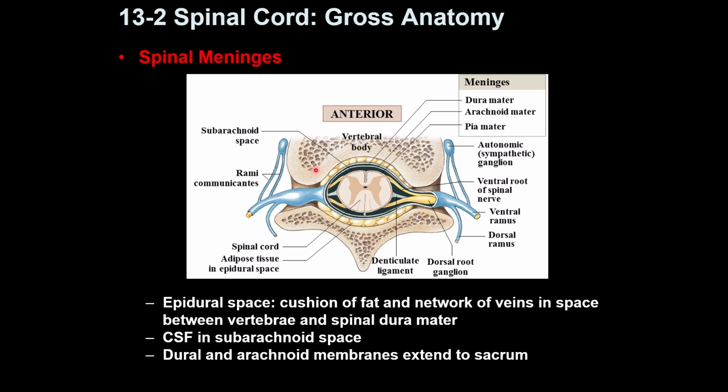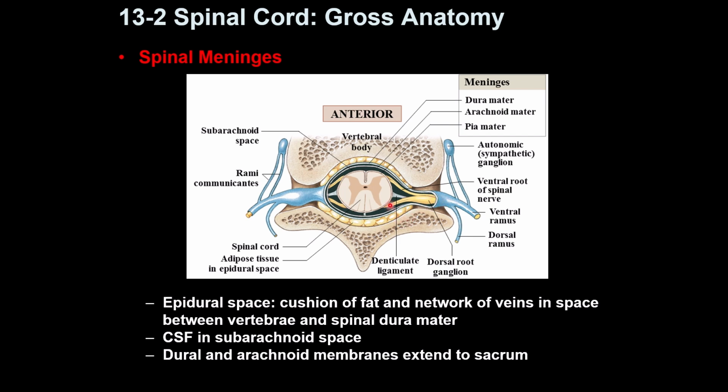Also, if you put the vertebrae on top of each other, there is an area created on each side, and that's called the intervertebral foramen. The content of the intervertebral foramen is the spinal nerve. So this is the spinal nerve.